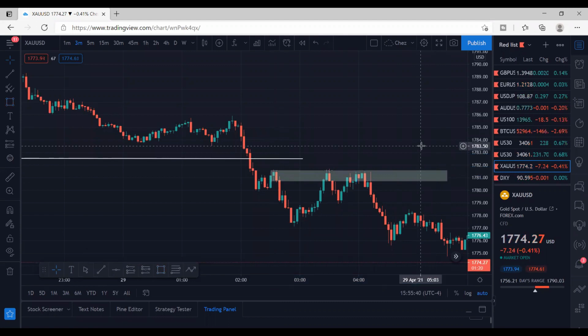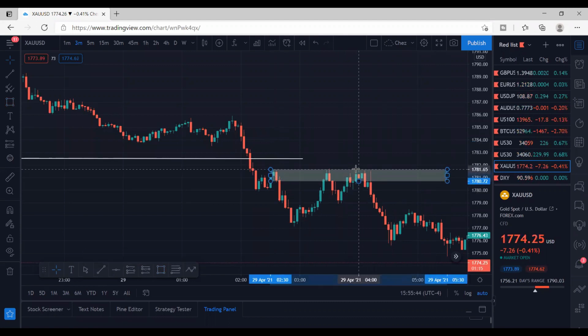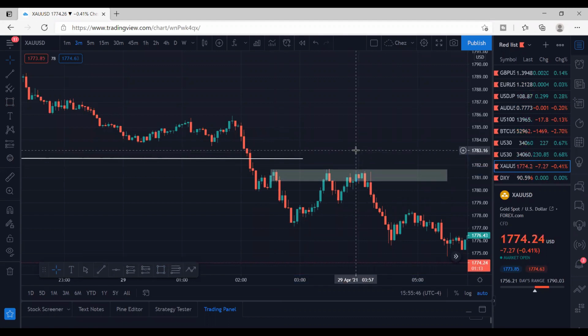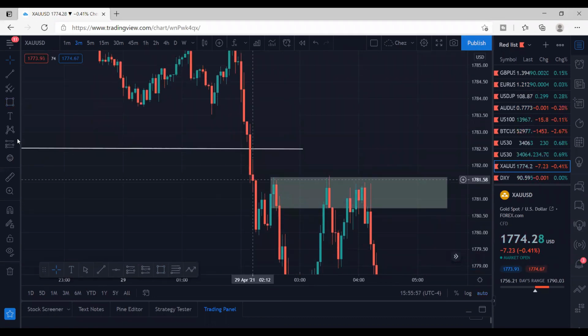It is honestly and 100% up to you how you would look to get involved in it. So at this point right here, price broke down. Some people like to take it from the 50% of the sign. So let me just draw a quick fib on there.